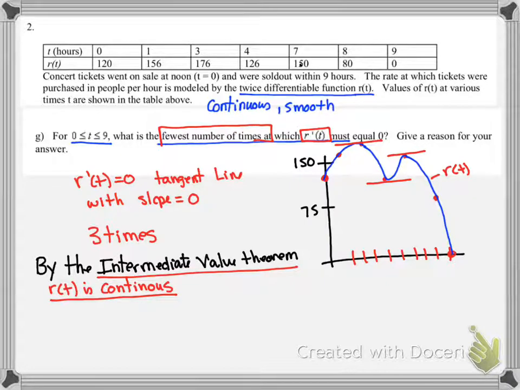There must be a value between 7 and 8 such that R(t) is equal to 120 tickets per hour. This must happen between t equals 7 and t equals 8.